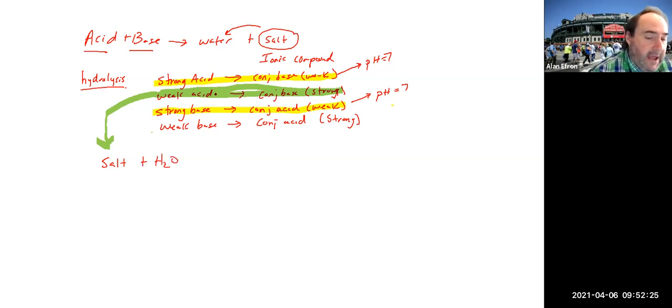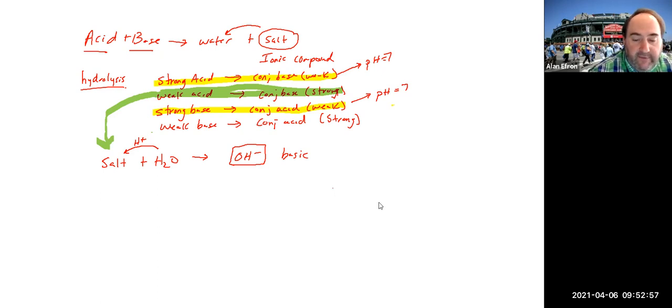And how will it react? Well, if it came from a weak acid, the salt would be acting as the conjugate base, and a base is something that will accept an H plus from the water. The result is it's going to form hydroxide. And when it forms hydroxide, we would expect this solution to end up being basic, with a pH greater than 7 when we calculate it.